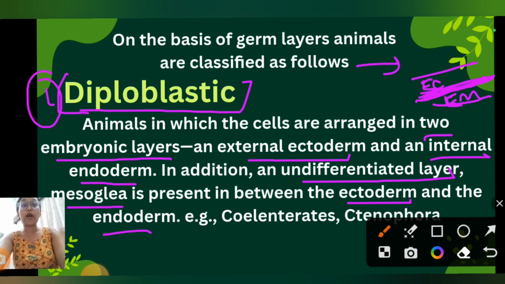You can see this diploblastic organization in Coelenterata and Ctenophora, 2 different layers. Is it clear?